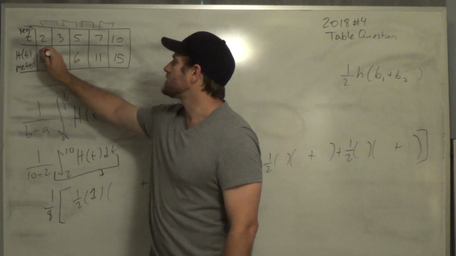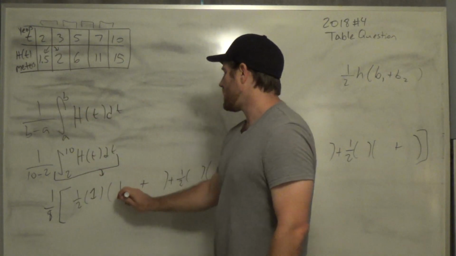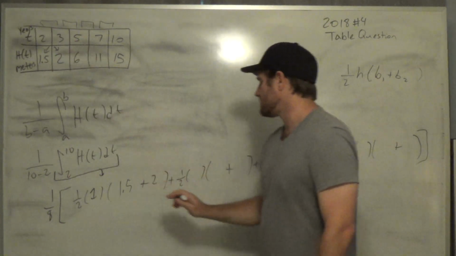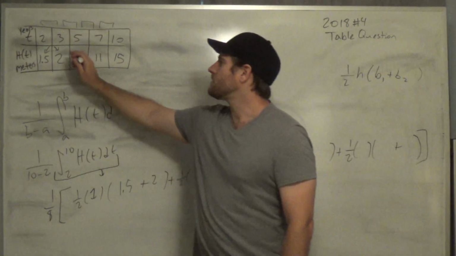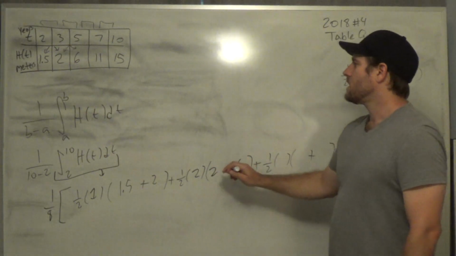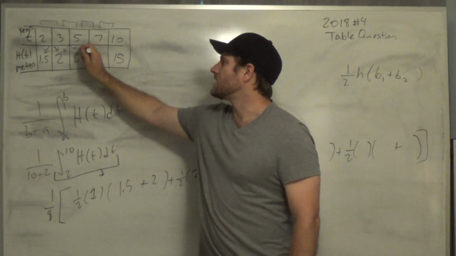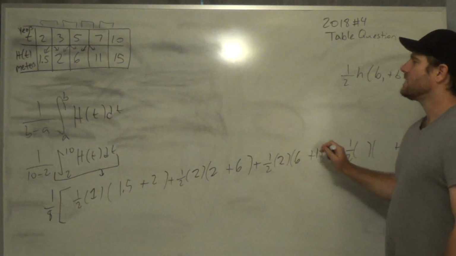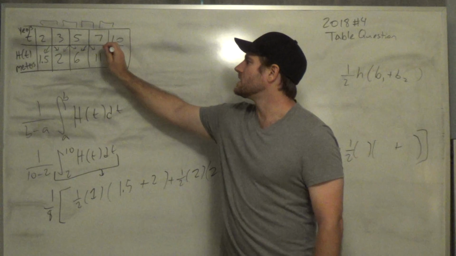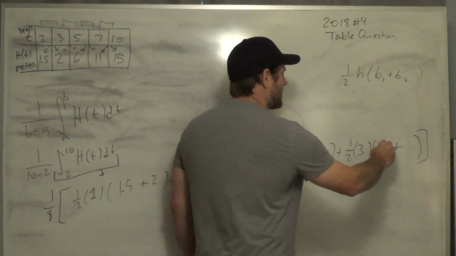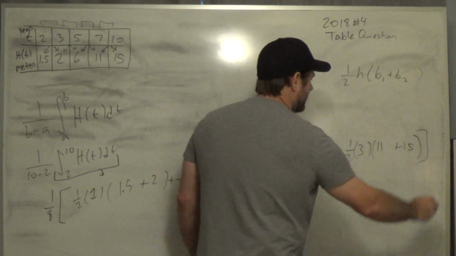And then these are my base 1 and base 2, so 1.5 and 2. My next trapezoid, 3 and 5, that's a distance of 2. And my base 1 and base 2 are the 2 and the 6. And then the height is 2, and I use 6 and 11. And lastly, a height of 3 and 11 and 15, and I'm done.